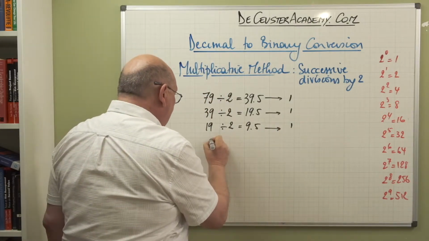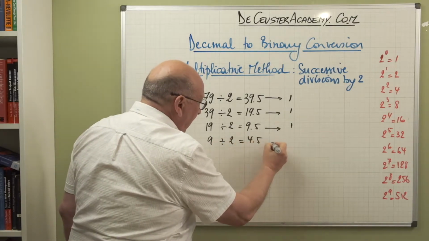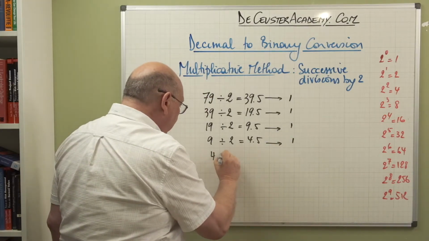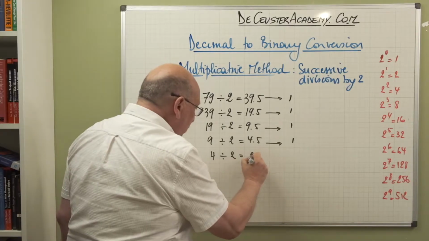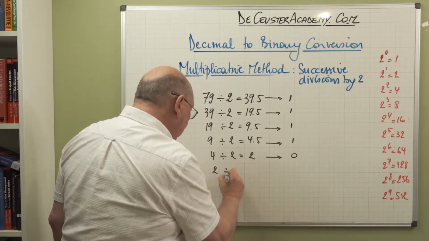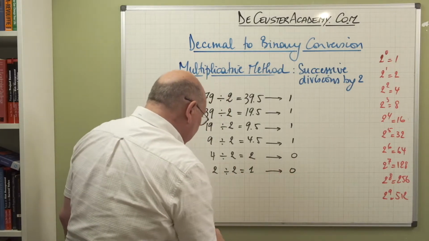Then we have 9 divided by 2, which gives us 4.5, again a remainder 1. And here we have 4 divided by 2 is 2, so we have a remainder 0. We have 2 divided by 2, which is 1, a remainder 0.